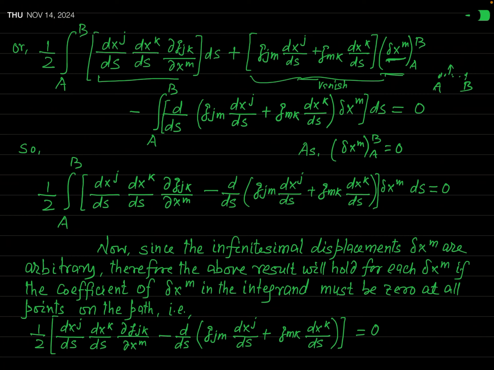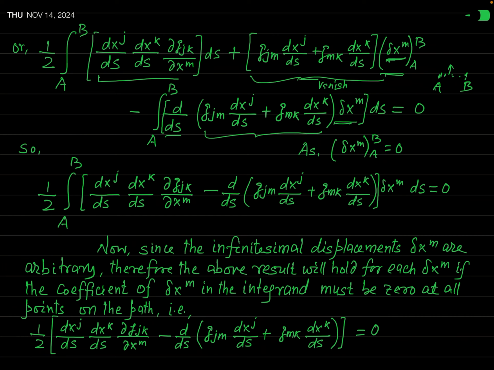And what is the second term in accordance with the rule of integration by parts? In the second term we write a minus sign, and then we take the integral of the differential of the first function. This is your first function, and I have operated this operator d/ds on it. This is the differential of the first function, and the integral of the second function, you have seen, is delta x_m.